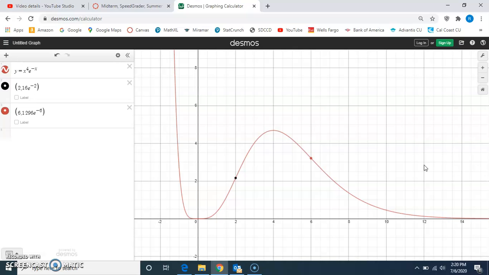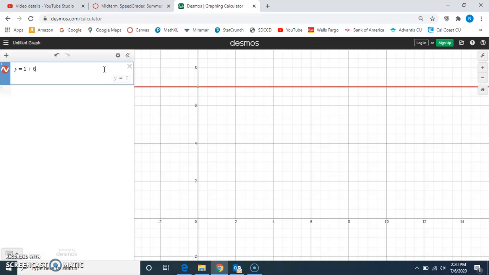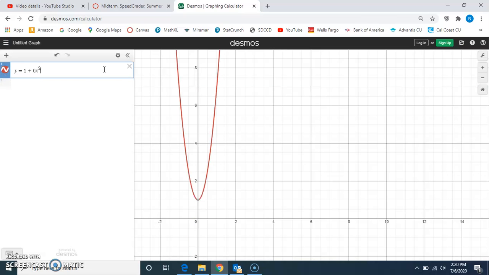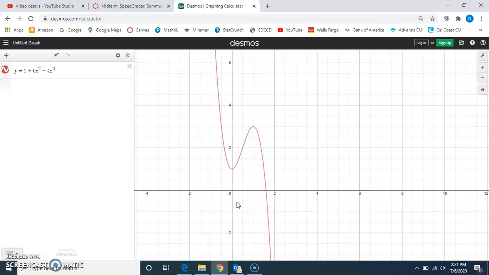Okay, we had one last question with the second derivative test. It was r of x equals 1 plus 6x squared minus 4x to the third. Okay, got this cubic kind of thing going that way.